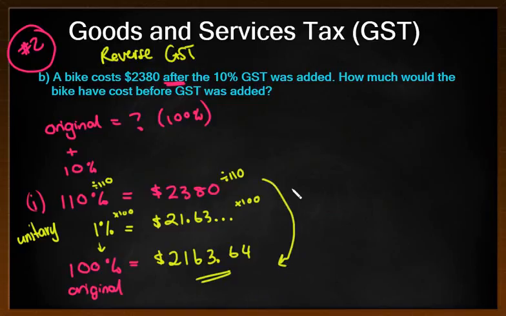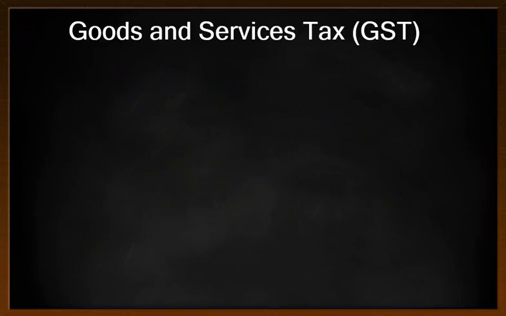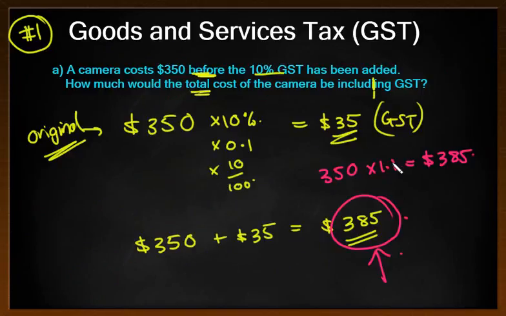Now again, I did say that there was a more advanced method of using it. I don't like this method, I'll be honest with you, but what some people will do, in that previous question, I'm just going to flick back to it. You notice the advanced method was timesing by 1.1.